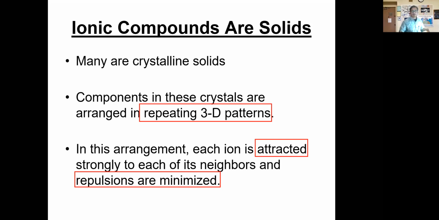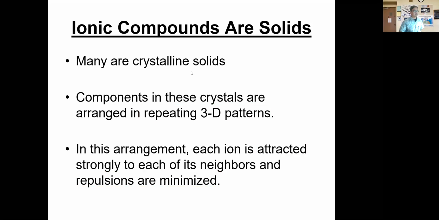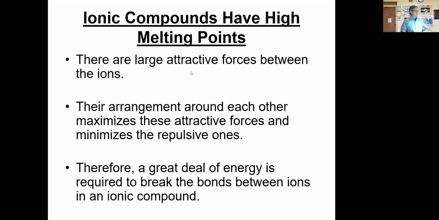Let's continue on here. The large attractive forces between the ions, remember, are electrostatic forces. This is a positive followed by a negative. So these large attractive forces are the electrostatic interactions, which is what we talked about.